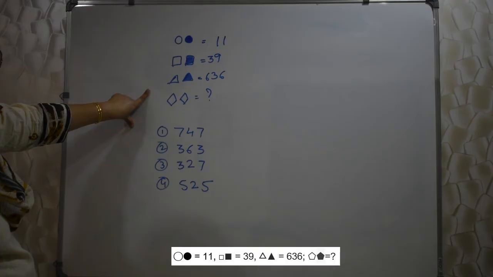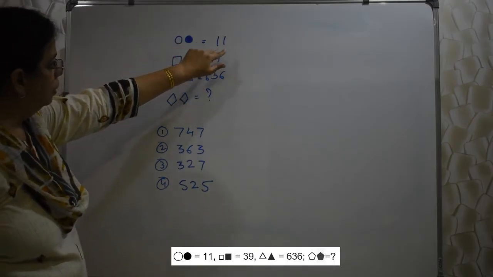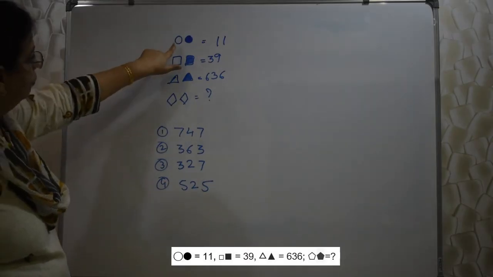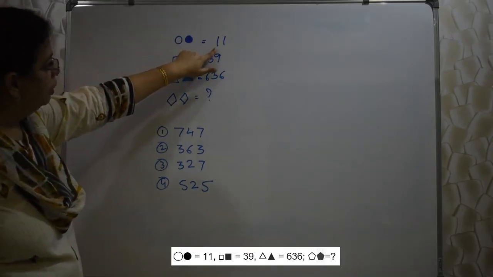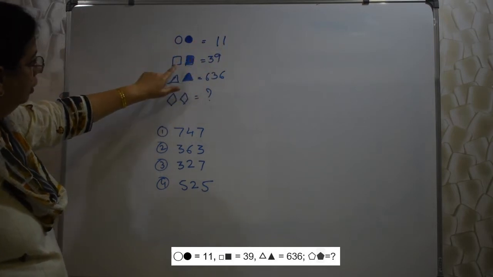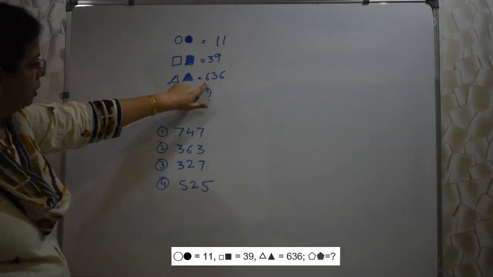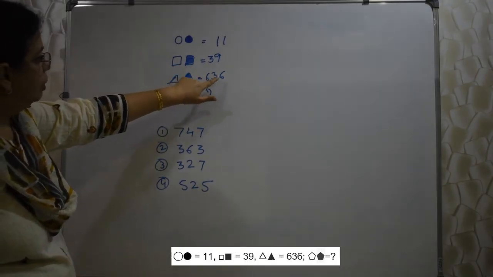Observe the numbers. 2 symbols, 2 numbers. Then the first circle must be this one. This colored circle must be 1. This must be 3. This must be 9. This must be 6 or 63 and this must be 6.